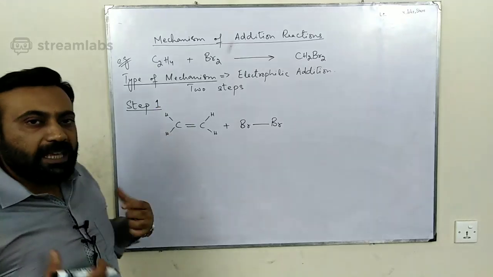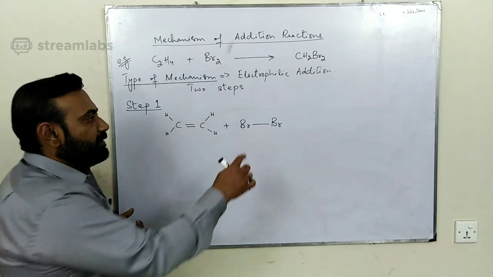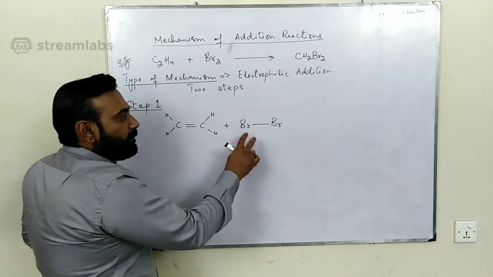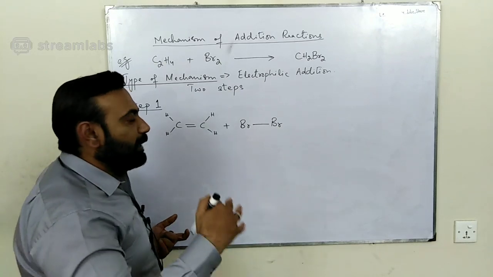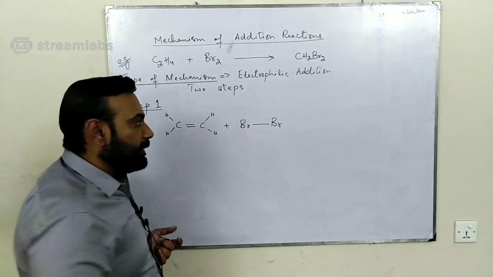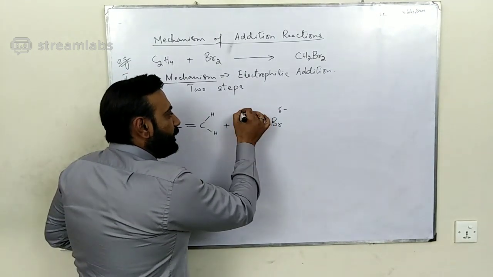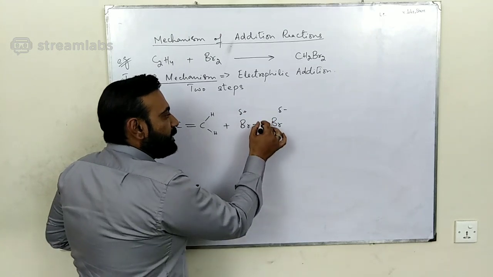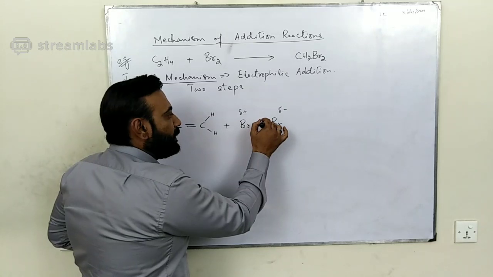These pi electrons have a greater negative electric field which repels this electron pair away. That means even if this bond was non-polar in the beginning, it will become polar when the molecule passes close to the molecule of the alkene. So this will become partial negative and this will become partial positive, and this pair of electrons will move towards this bromine atom.